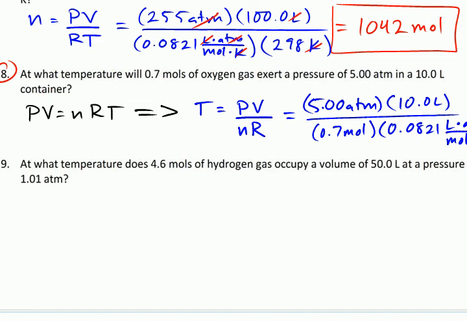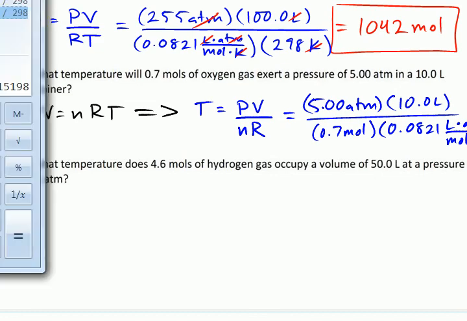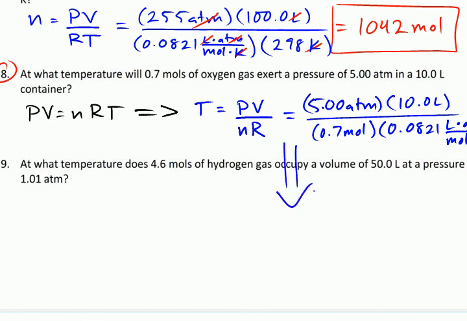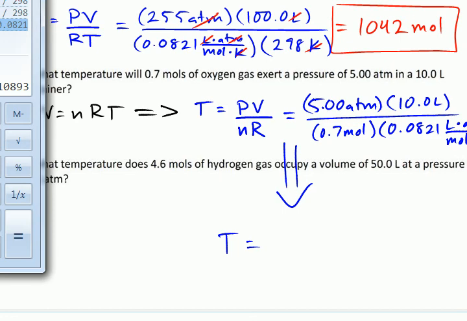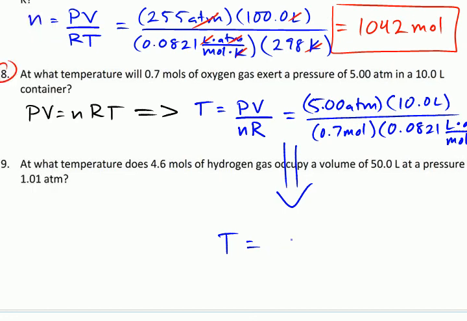And our answer should be, I have to punch this in the calculator. 5 times 10 liters divided by 0.7 moles divided by R. T is going to equal 870 Kelvin.